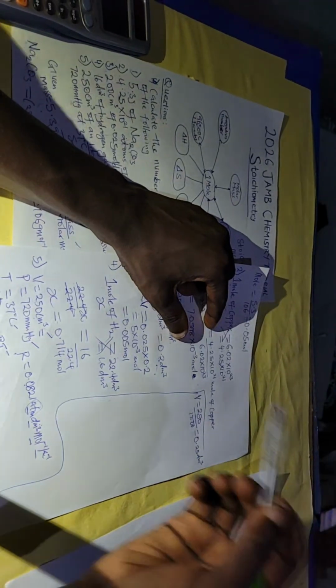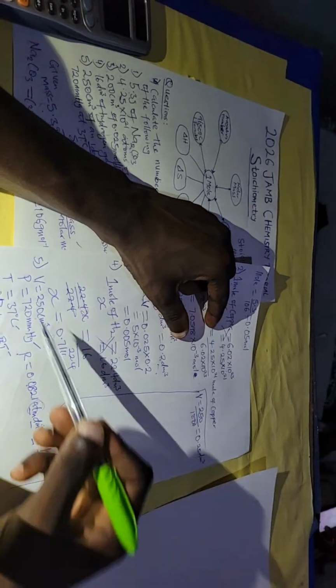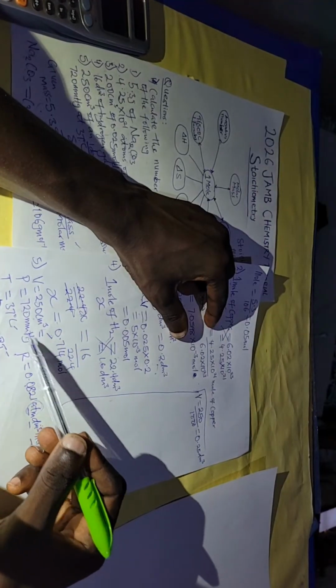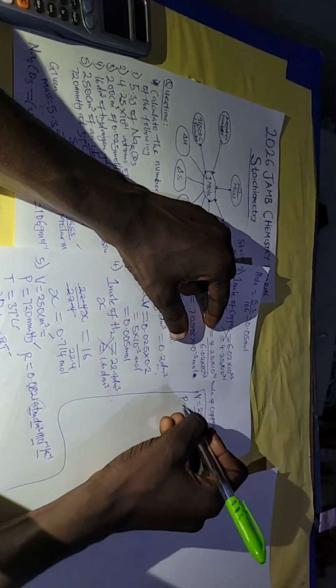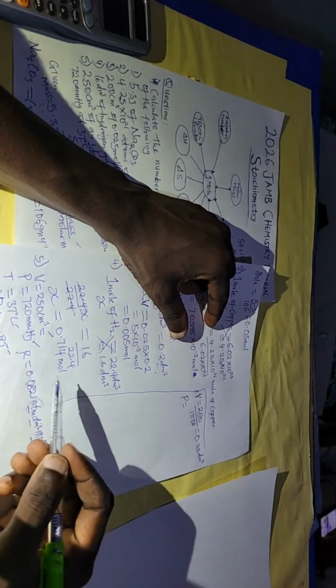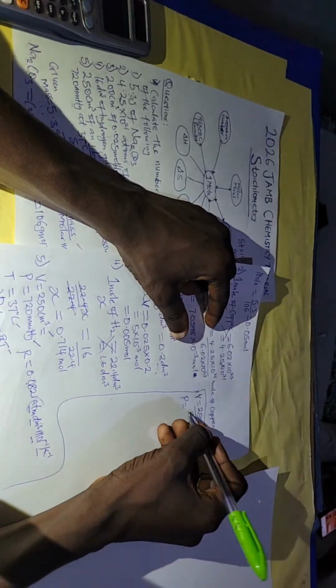Another one we need to convert is our pressure. It must be in atm, not mmHg. Converting from mmHg to atm, you divide by 760.